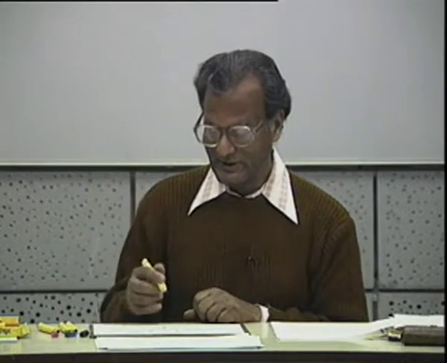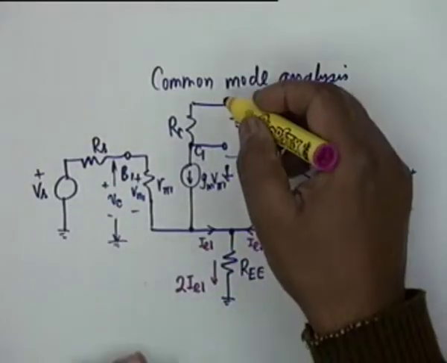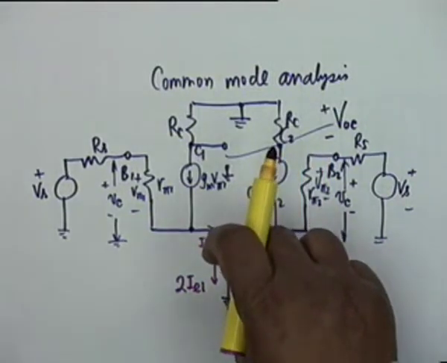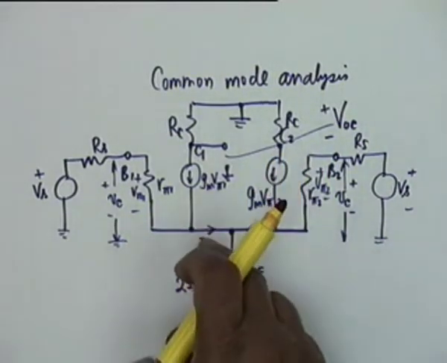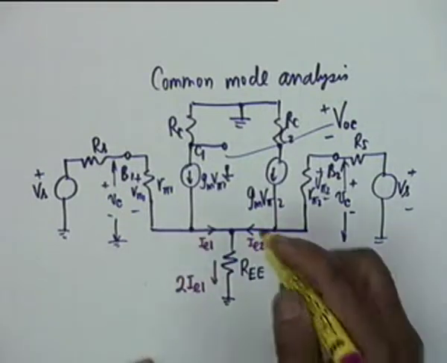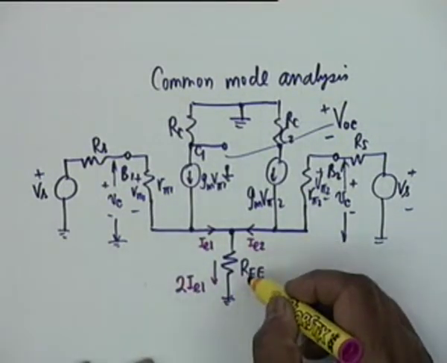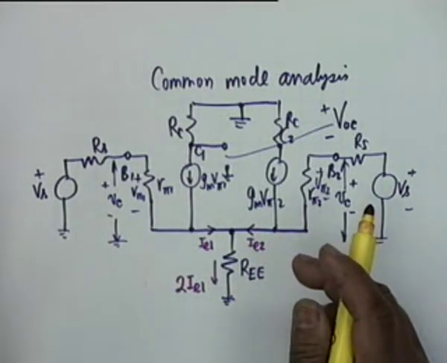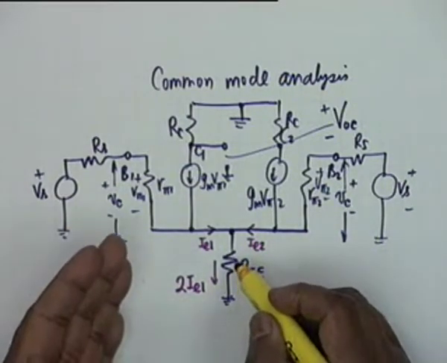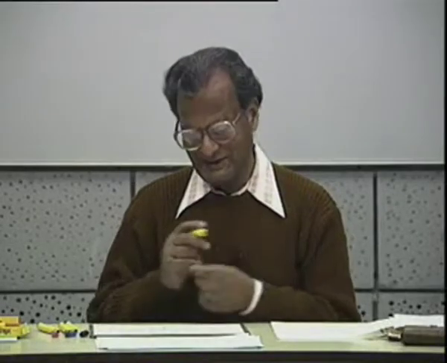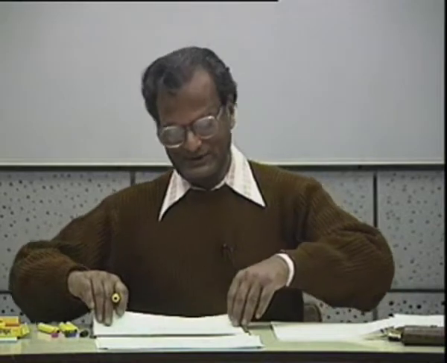Now, the point that I want to mention is, as far as transistor 1 is concerned, it sees in REE twice the current that comes here, which means that the drop it sees is twice IE1 REE. So, as far as transistor 1 is concerned, instead of a resistance REE, it sees a resistance of twice RE. And that simplifies the circuit.